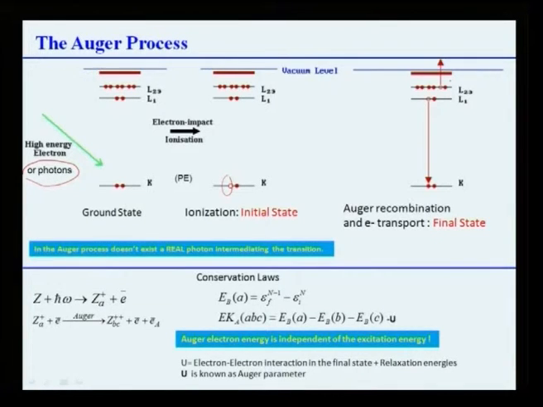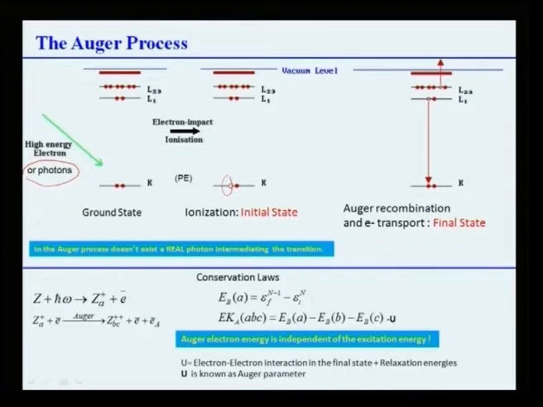So if you use the conservation law, the energy of the material is basically N1 minus N of the two final state and the initial state, N is the number of electrons. EKA, that is Auger ABC, is 3 processes: A is the beginning process, B the intermediate process, and C, minus U. U is basically the energy to remove the electron.